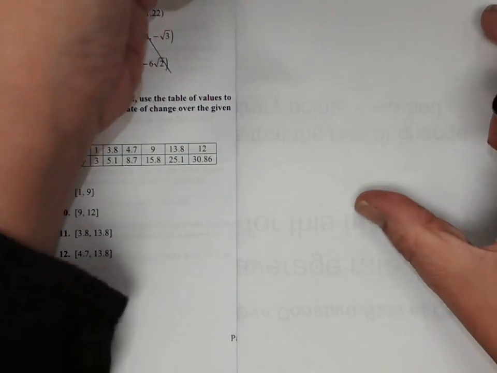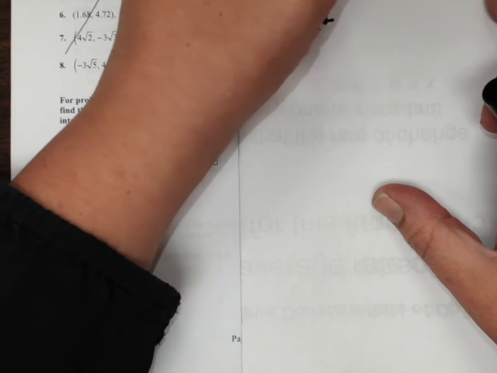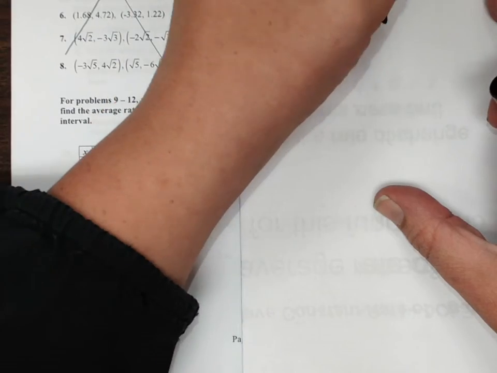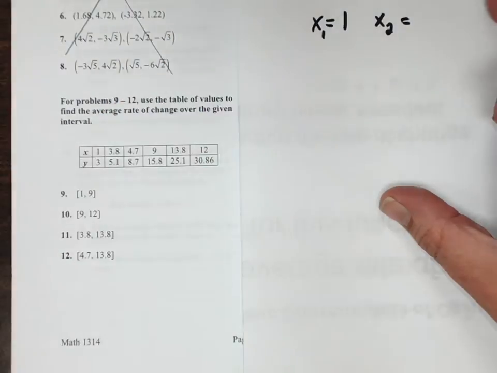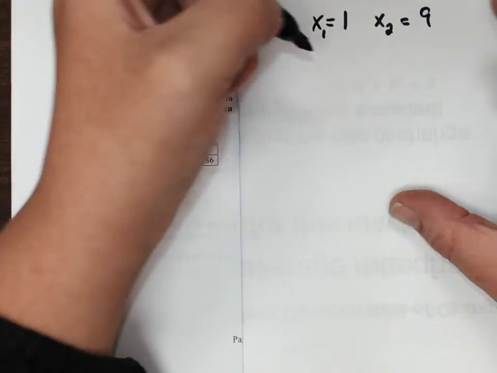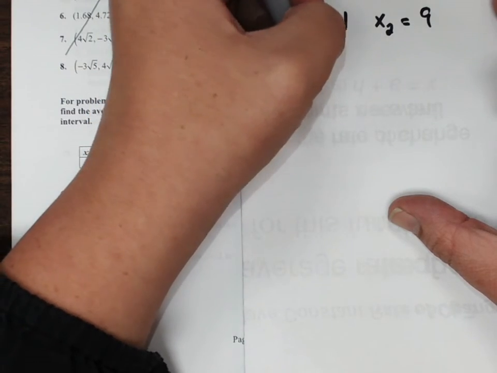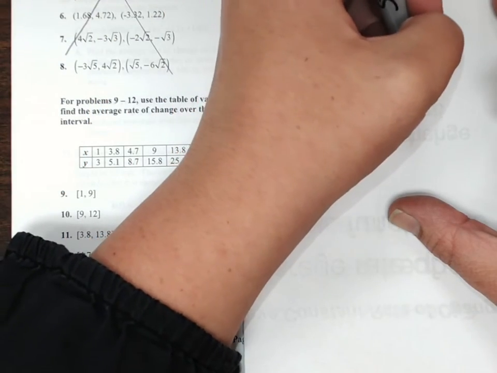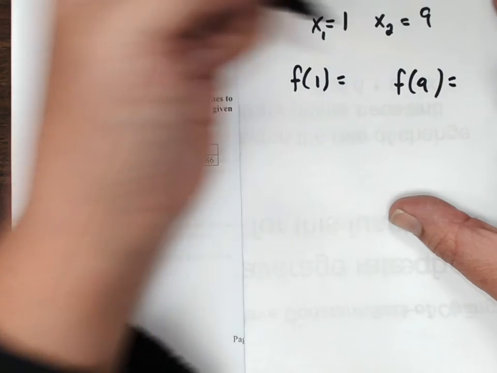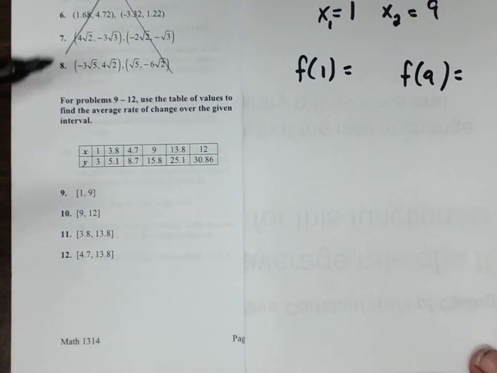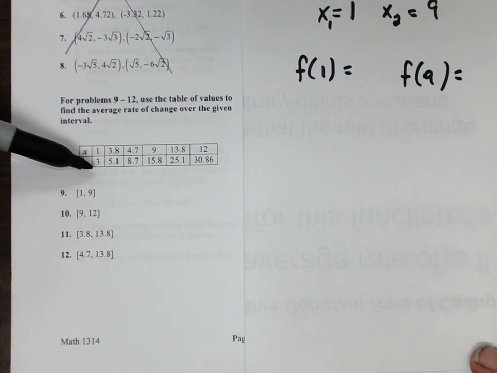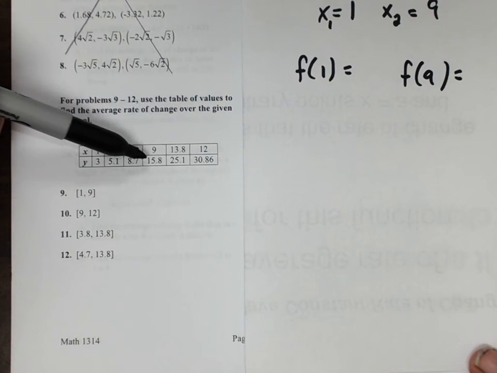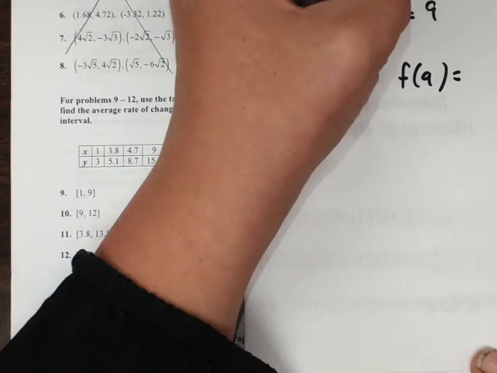So we know that our first x value is 1, and our second is 9. And so we want to find what is f of 1 and f of 9 from our table. Well, it tells me here that for 1, the function value is 3, and for 9, it's 15.8.